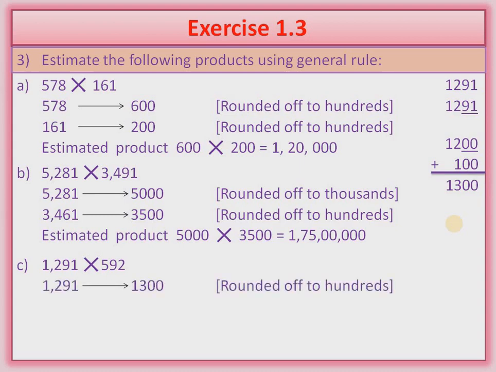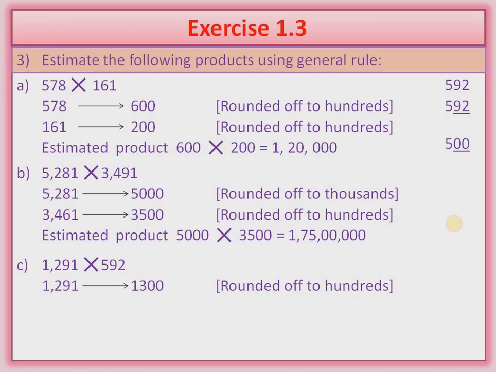Now I am going to take 592. Let us do rounding off to 100, so what will the answer be? We will make a line. How many digits? The last 2 digits. What do we have to do next? We will write 2 zeros.